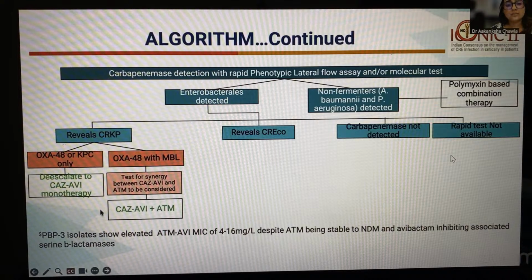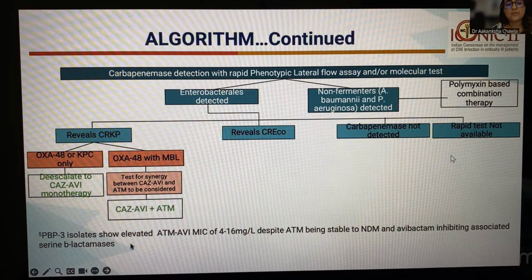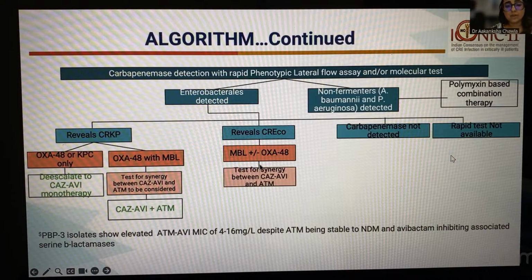So your therapy of choice becomes Cas-AVE plus ATM. Then for carbapenem-resistant E. coli, there is metallo-beta-lactamase, which may or may not have OXA48. Again, like I said, you need to do synergy testing and check for both.